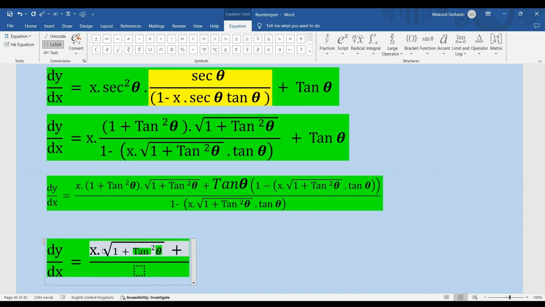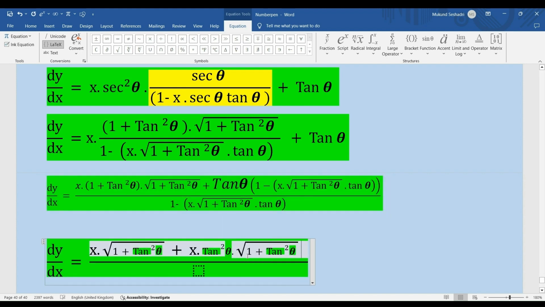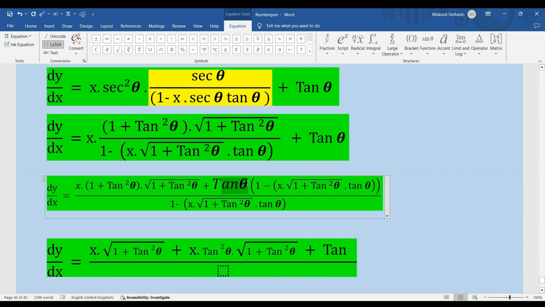And then I get a plus of x times tan square theta dot square root of 1 plus tan square theta, which I write as it is. And then I move to the next part of the numerator. I have a tan theta, which I write as it is.